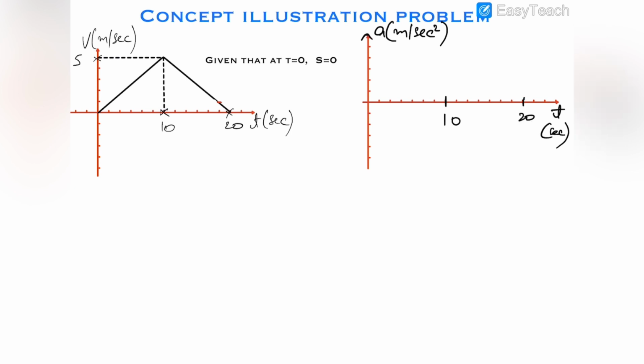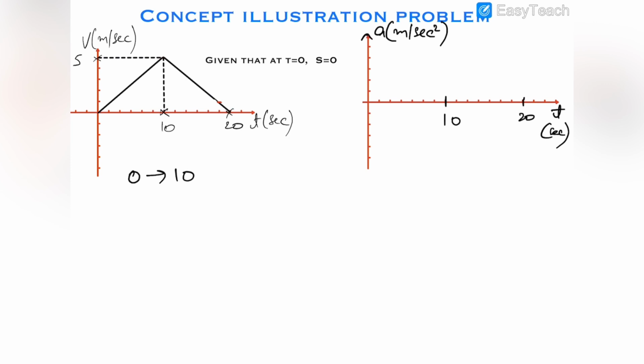This is 20. Now you can see that you have to choose the slots of time in such a way that a single graph is given. So we cannot choose the slot as 0 to 20 because there are two different graphs in this slot.